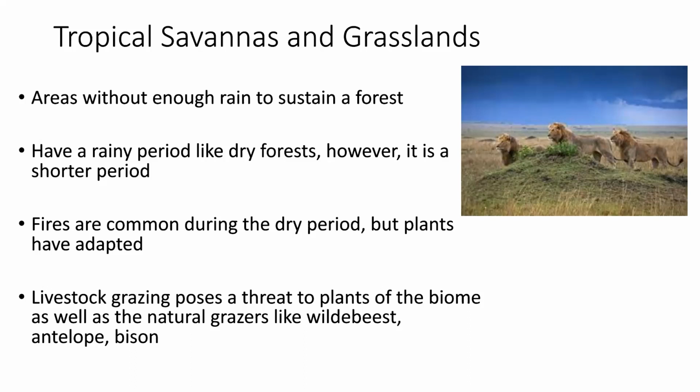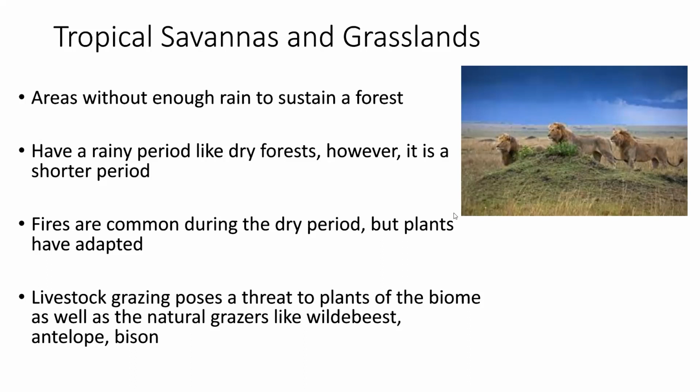They're going to have a not as wet winter, so they're just not going to be able to sustain the forest, and that's why we're just going to see something like we see here, just flat grassland. There's no trees there really. They will have some trees, but they're not going to be a full forest, just because there's not going to be enough water, there's not going to be enough nutrients in order to support that growth.